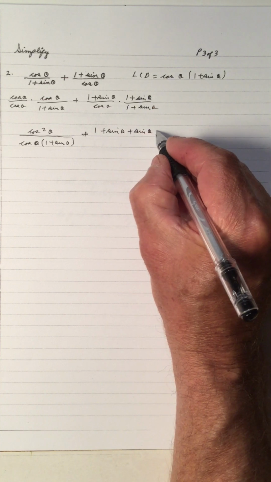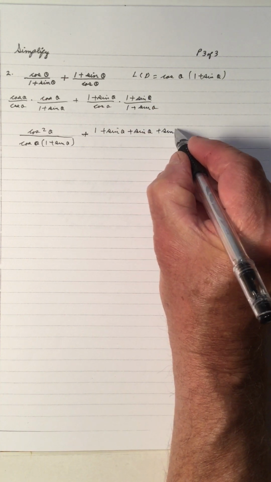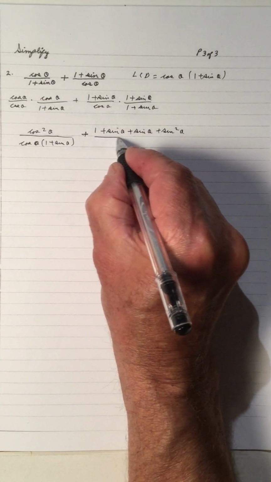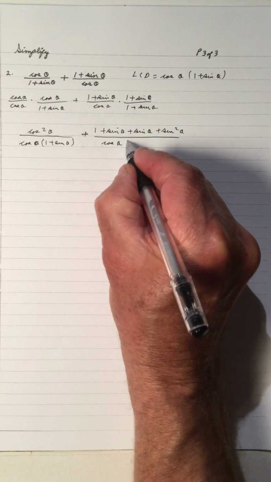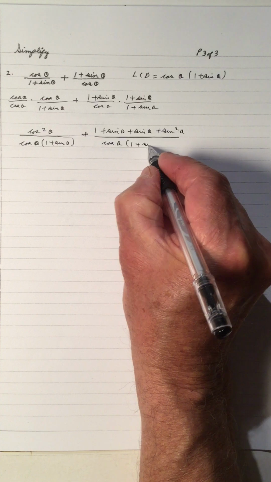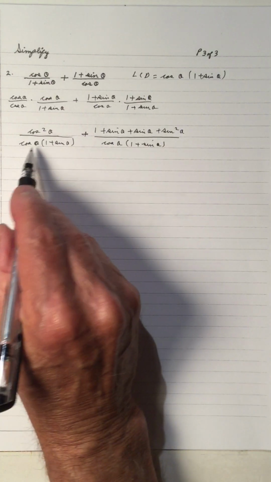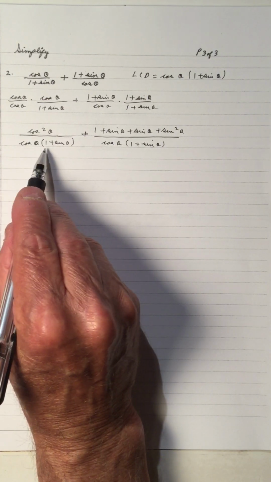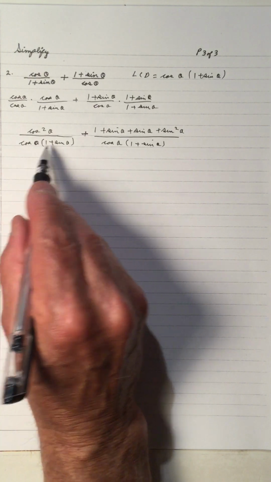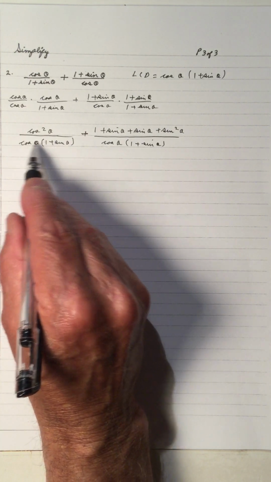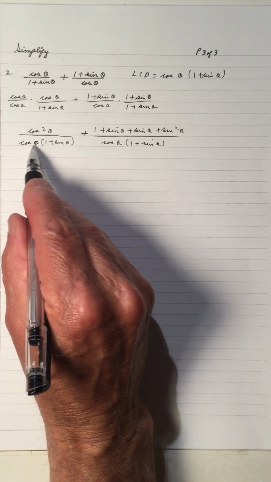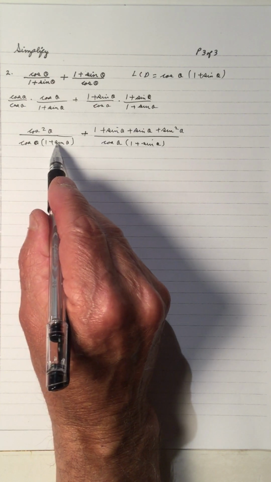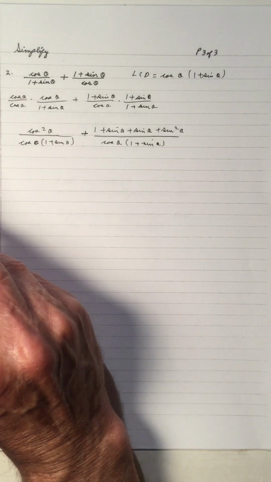Sine theta times sine theta is sine squared theta, all over the common denominator. Notice I didn't multiply my denominator, I just let it stay as cos theta times 1 plus sine. I left that as a multiplication because if you multiply cos by these two terms, you might have to factor it again and bring it back to this.